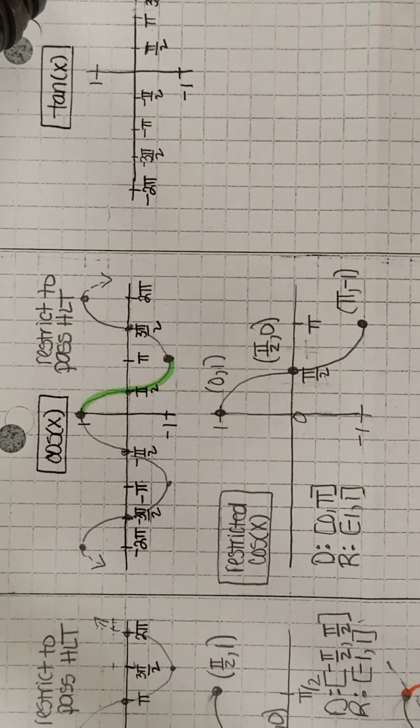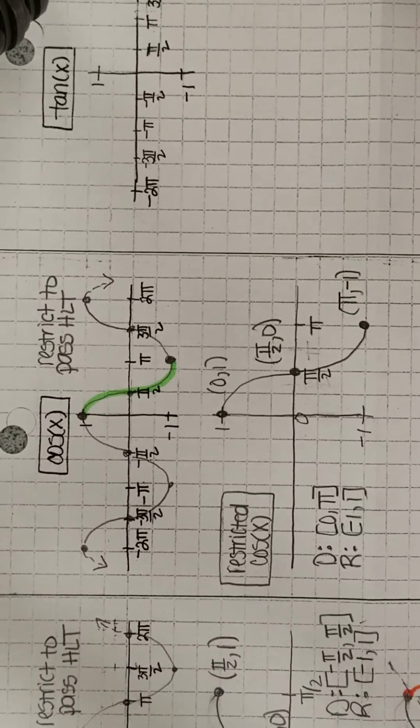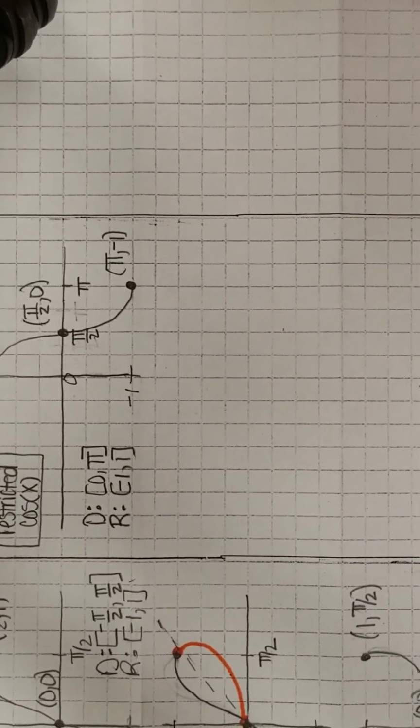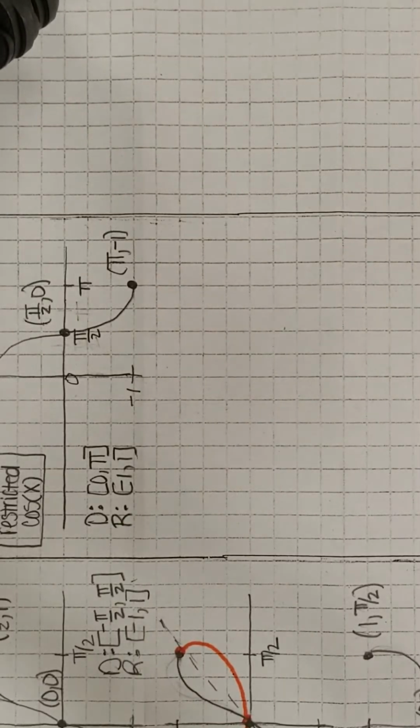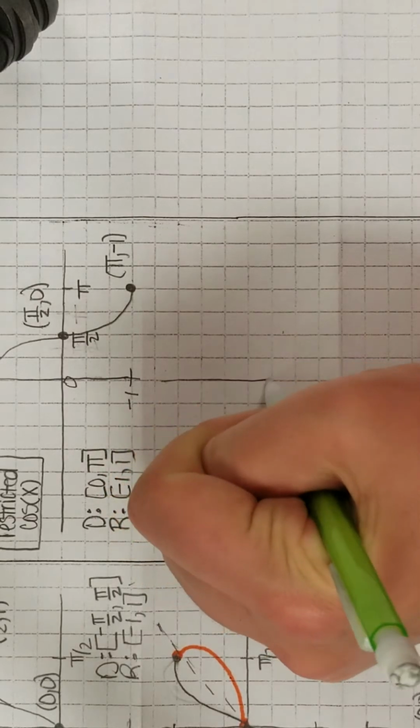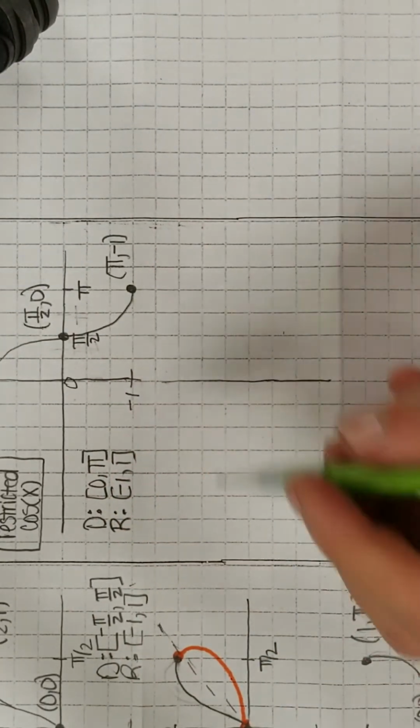Now that I clearly see the restriction I have to put on cosine, it's time to consider what this graph is going to look like when we reflect over y = x. Before we can do that though, let's redraw the graph of the restricted piece.